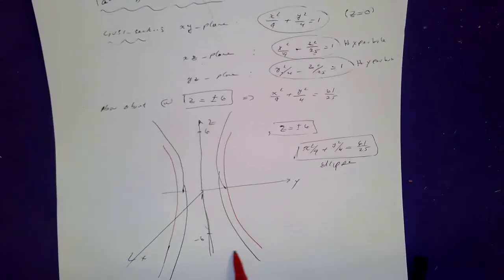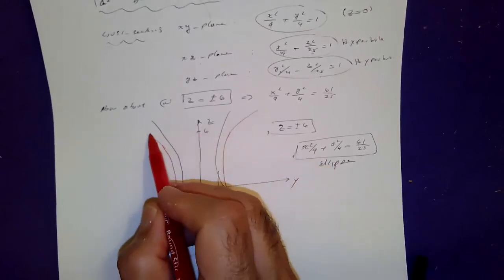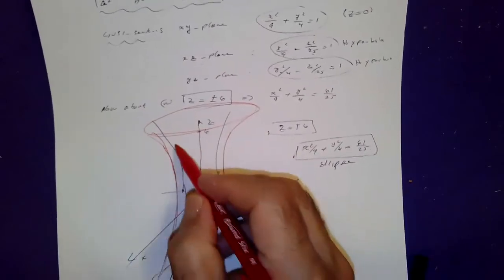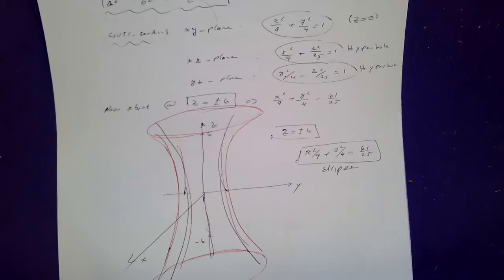So we have an ellipse here, okay, and we have an ellipse here, okay, and as you can tell, this is kind of like what?